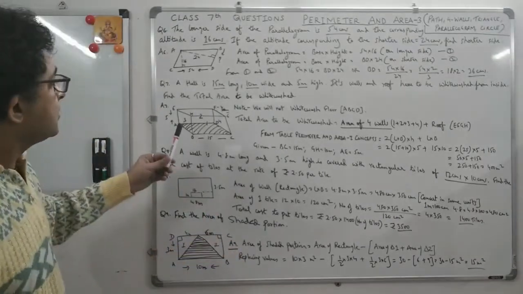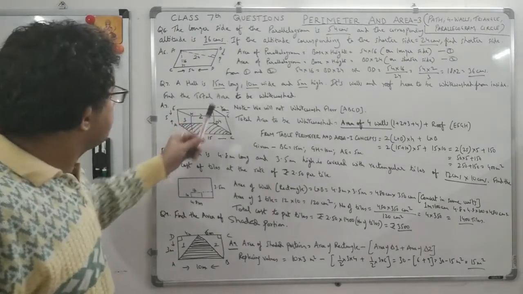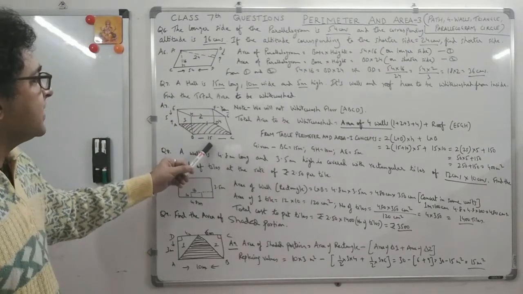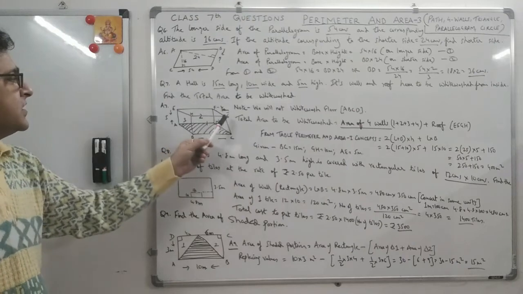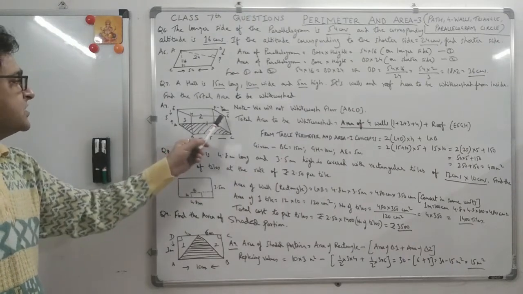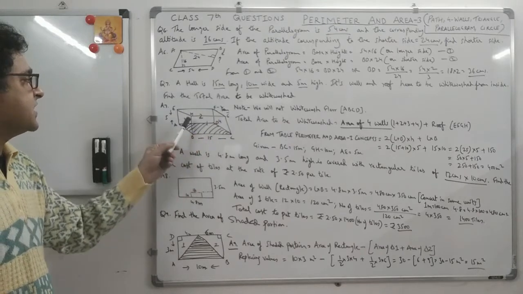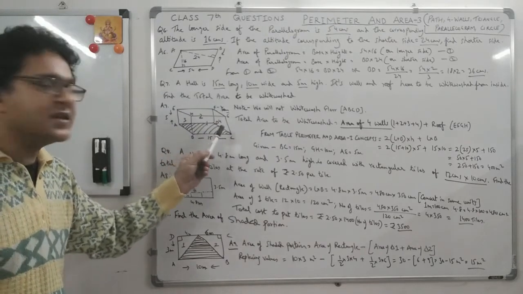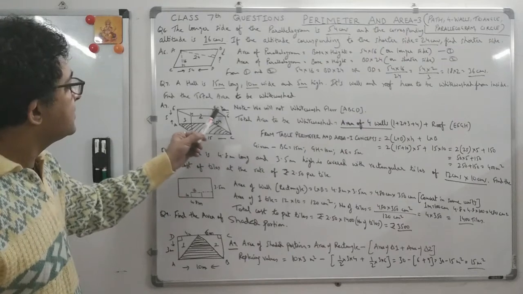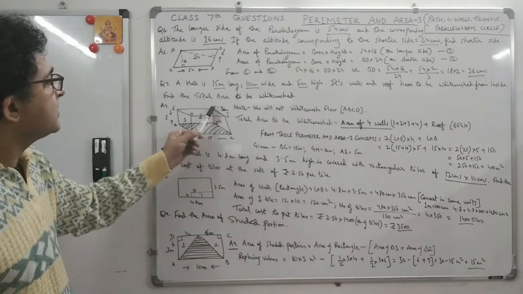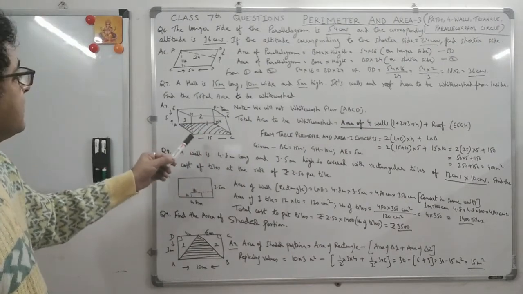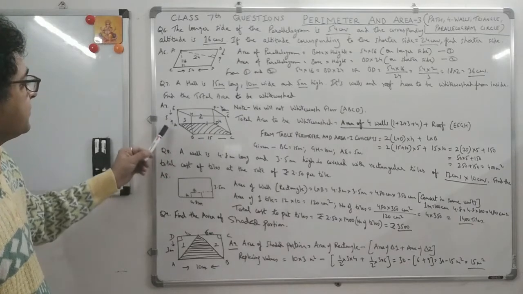So now a hall is 15 meter, this is the length. 10 meter is the width. You see, this is GF. EFGH is the ceiling. GF is the width. Height is EA, 5 meters.